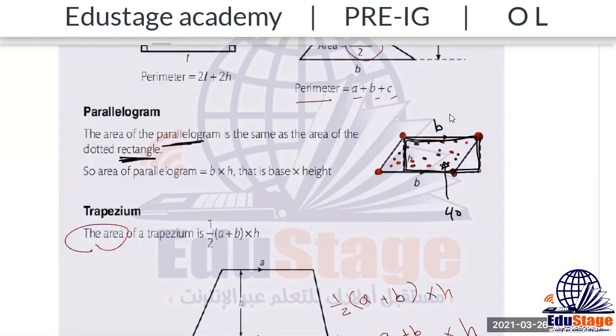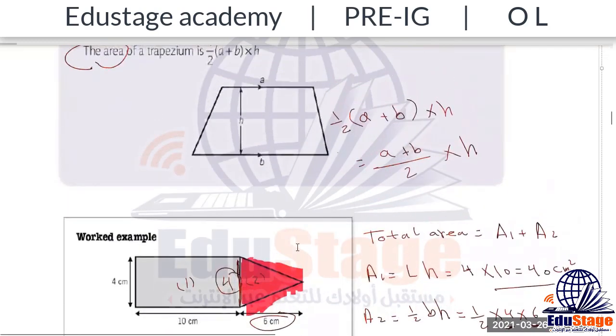Okay, Mr., thank you. You're welcome. Muhammad, any 2D shape like parallelogram, square, rectangle, and also triangle and trapezium, you just multiply the base by the height.